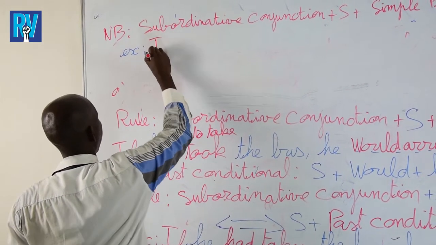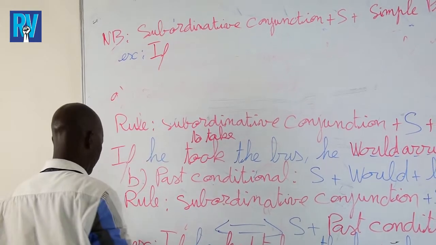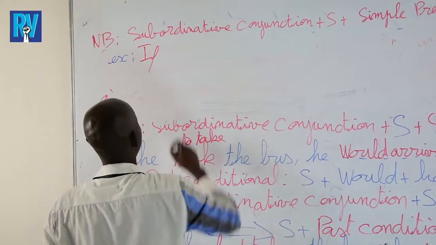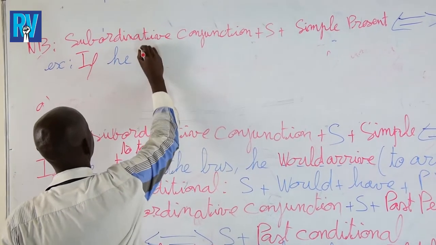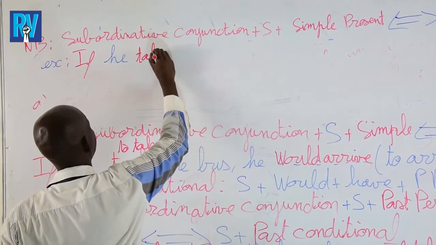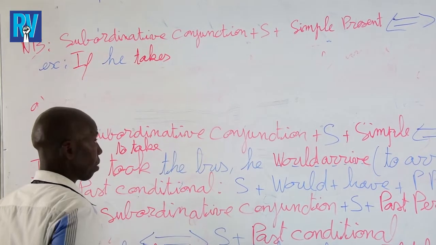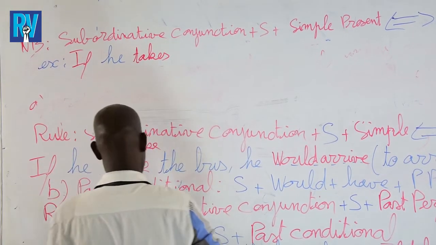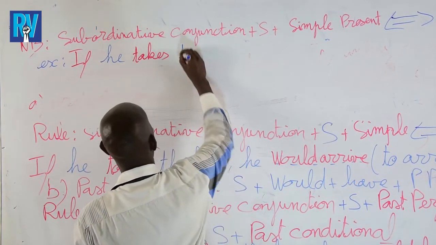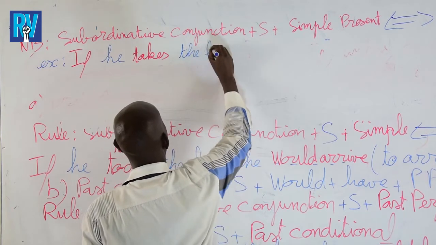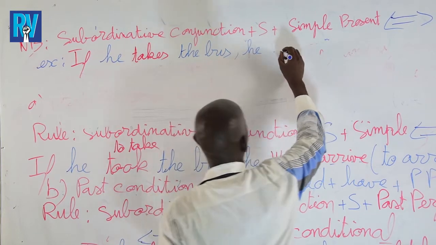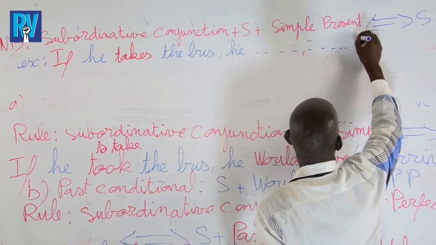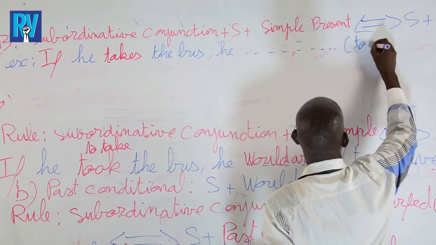If he takes, présent. Donc là on a un présent. If he takes the bus, he, and I have the verb to arrive.